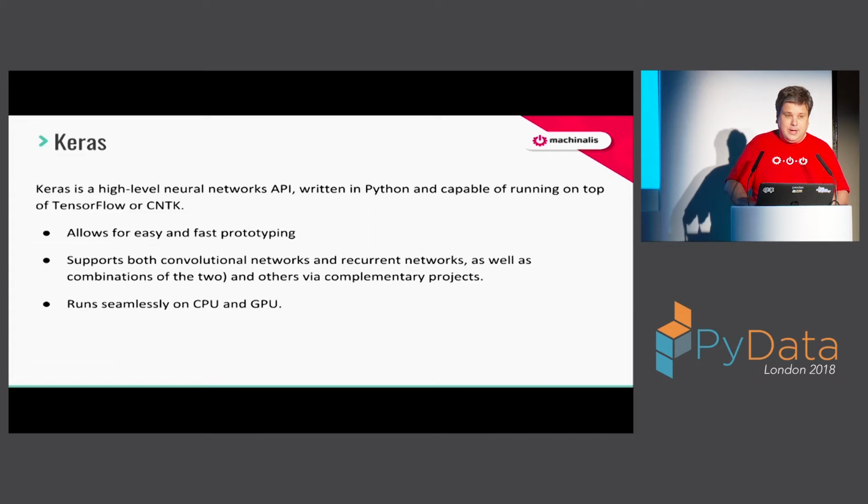Keras is a high-level neural networks API, which is specialized in building deep networks. It allows easy and fast prototyping, and for us, the most important thing is that it supports convolutional neural networks. Recurrent too, we won't be using them right now, but that's important. And it runs simply on CPU and GPU, so you can switch architectures without problem.